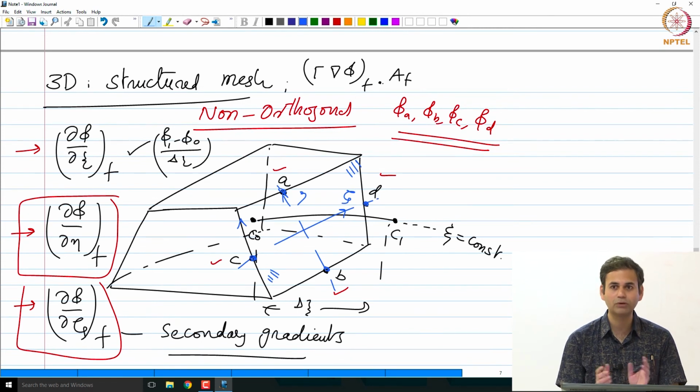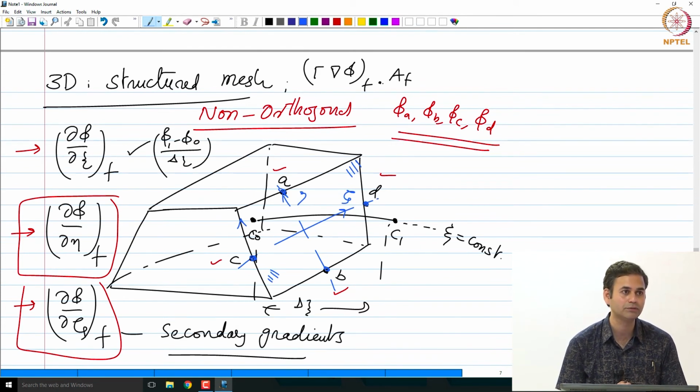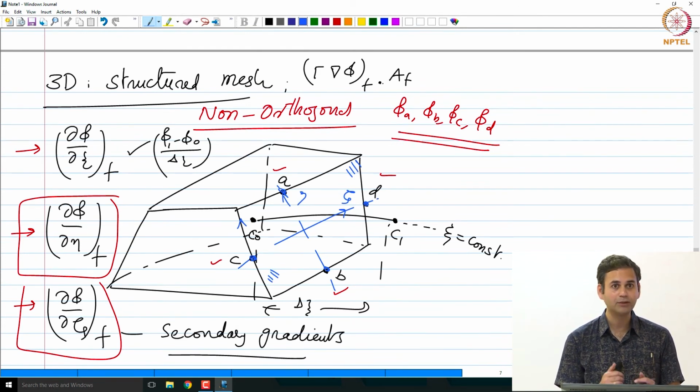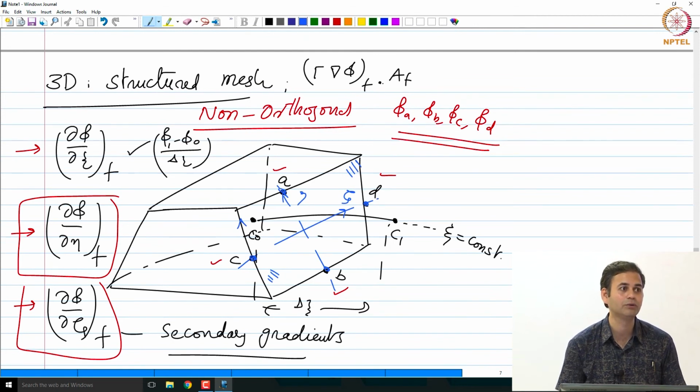Then you can define two different directions by connecting the midpoints of the edges. That is what we have targeted. But whatever we develop now for 3D unstructured meshes should also work for 3D structured meshes, when you boil it down.